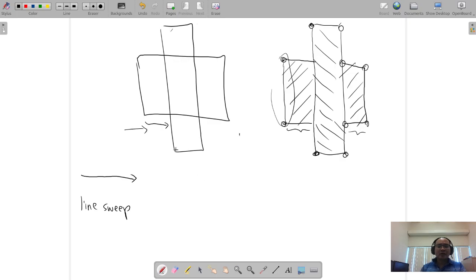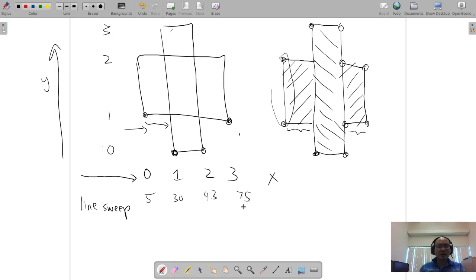And in fact, we can actually pretend that all these x values are just 0, 1, 2, and 3, and the y values, so this is x, and the y values in this case are just 0, 1, 2, and 3, because those are the only interesting x and y values. So even if this is maybe, I don't know, 5 and 30 and 43 and 75 or whatever, we're just going to pretend that there's 0, 1, 2, and 3.